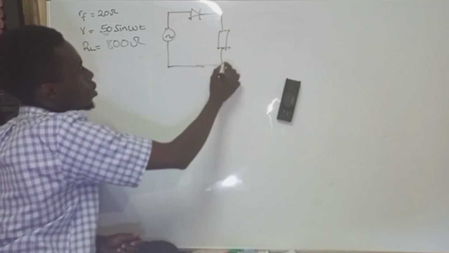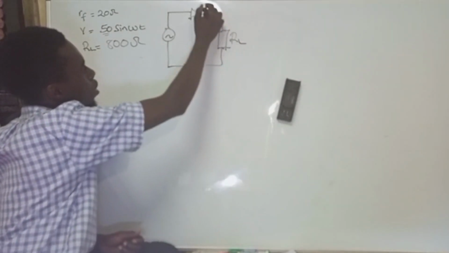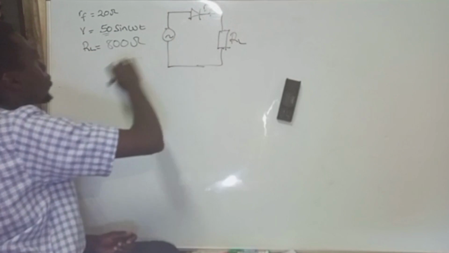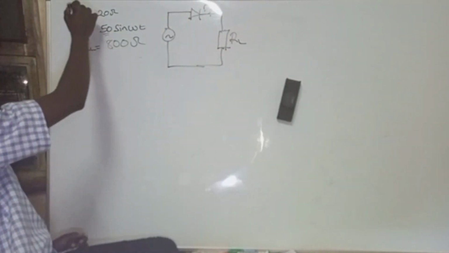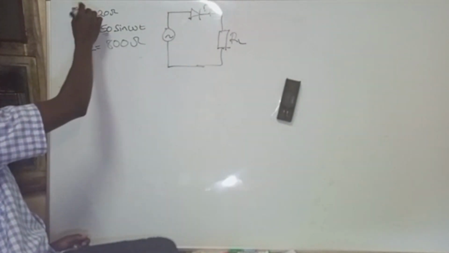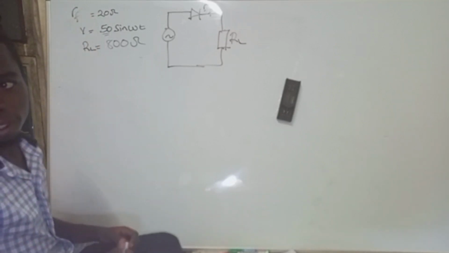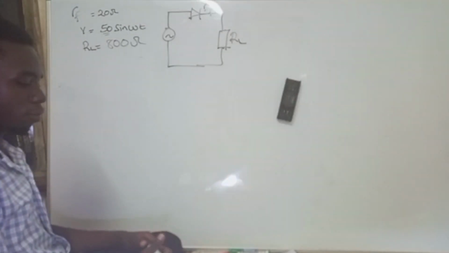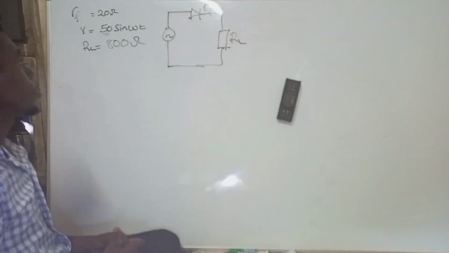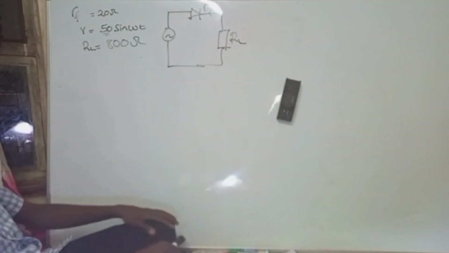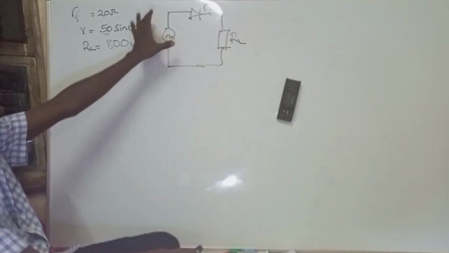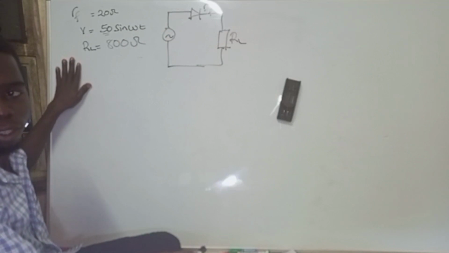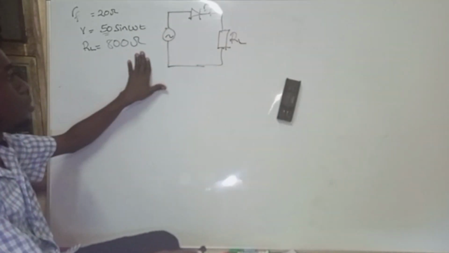This thing has a certain resistance RF, the forward resistance of the diode, and they have given it to me as 20 ohms. Then they have also given me V equals 50 sine omega t, which is the voltage across this unit. And they've also given me my RL, which is 800 ohms.